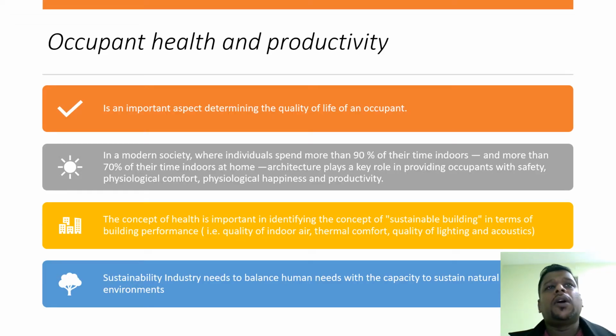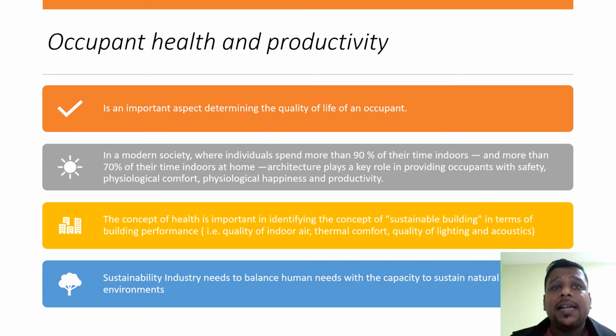Okay, let's talk about occupant health and productivity. It is an important aspect that determines the quality of life of an occupant. In a modern society where individuals spend more than 90% of their time indoors, and more than 70% of their time indoors at home, architecture plays a key role in providing occupants with safety, physical comfort, happiness, and productivity.